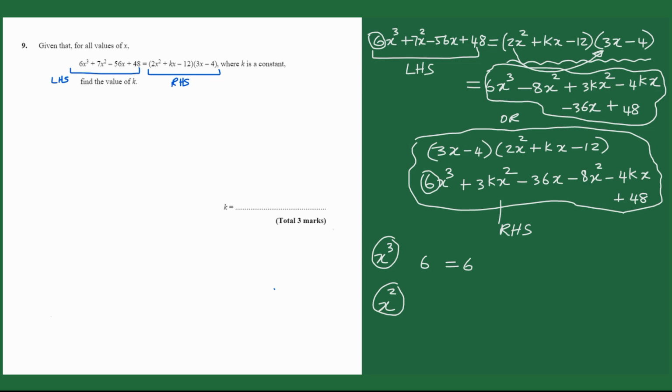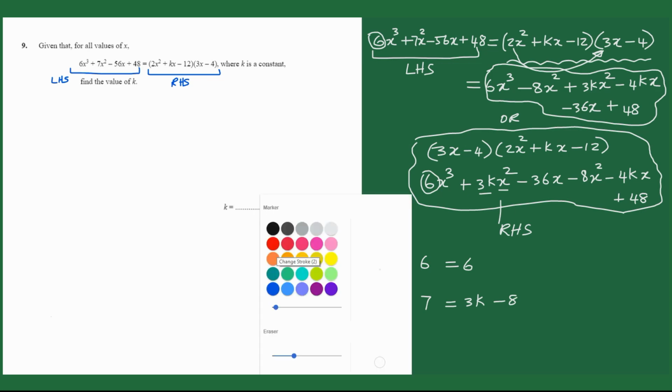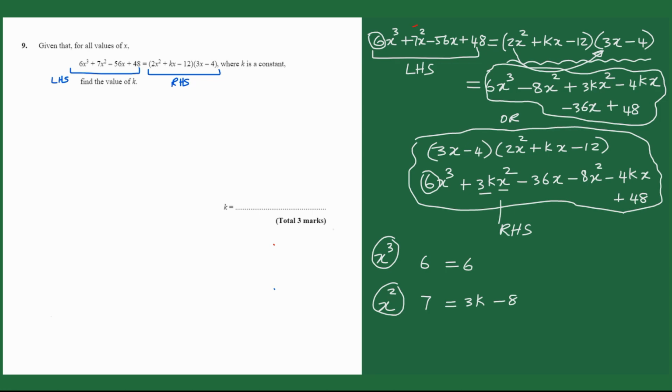So here 6 equals 6. Same if I equate the coefficient of x squared, left hand side is 7, equal to the right hand side, where the x squared terms are 3k and minus 8.